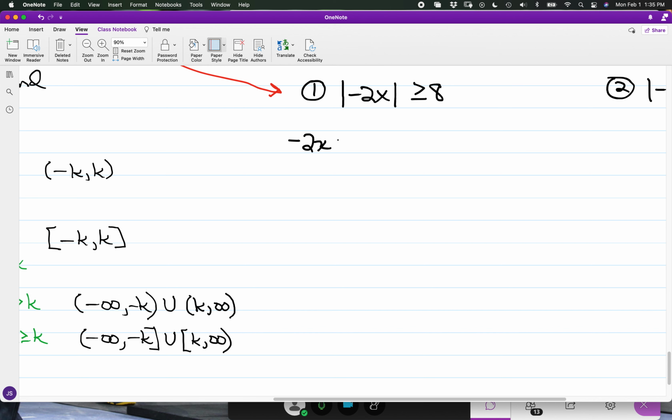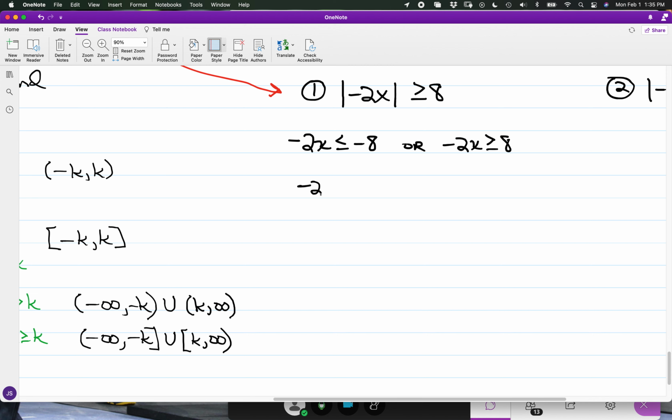So we have negative 2x is less than or equal to negative 8, or it could be that negative 2x is greater than or equal to positive 8.